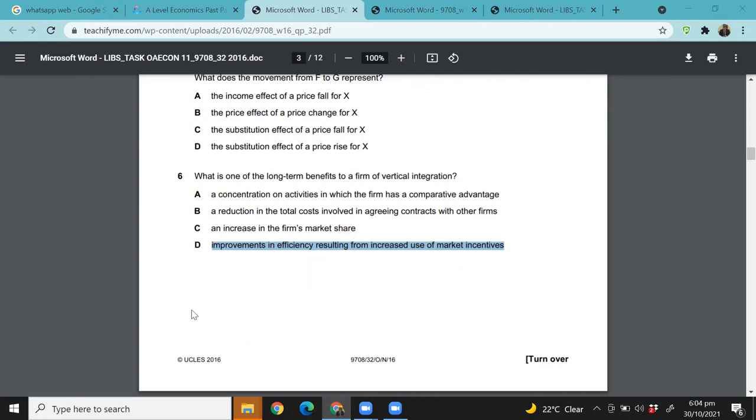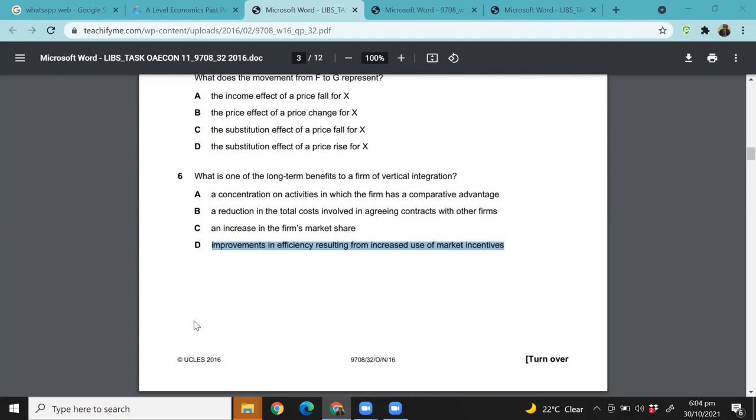A reduction in total cost involved in agreeing contracts with other firms. Okay, now this is a little tricky.